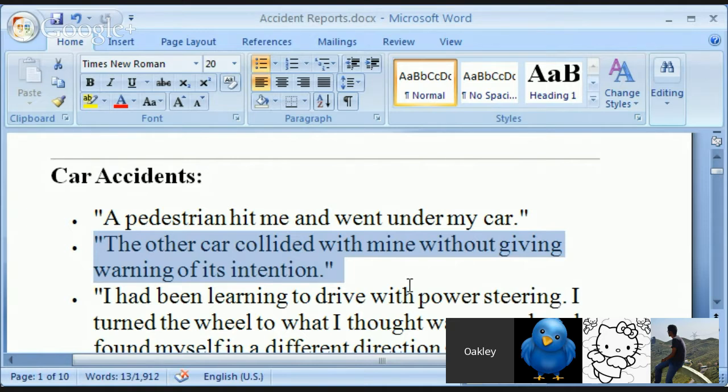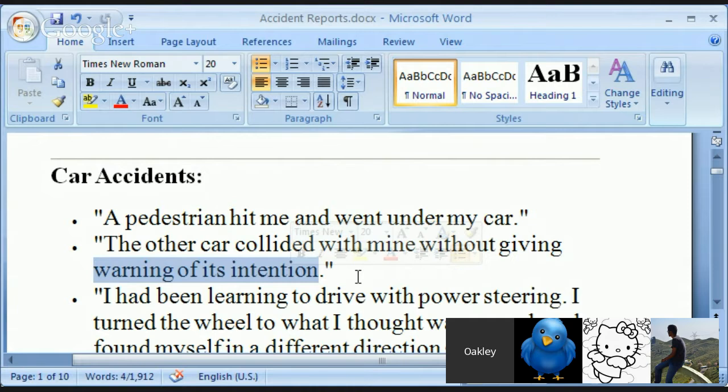I guess the strange thing about this is, why would you warn somebody I intend to collide with you? How would you warn somebody that it is your intention? We don't give some warning to other drivers because we believe other drivers were concentrated on their driving.